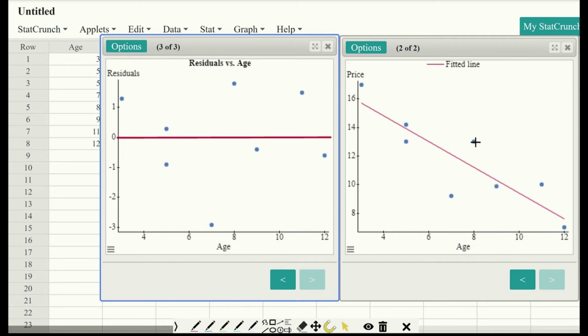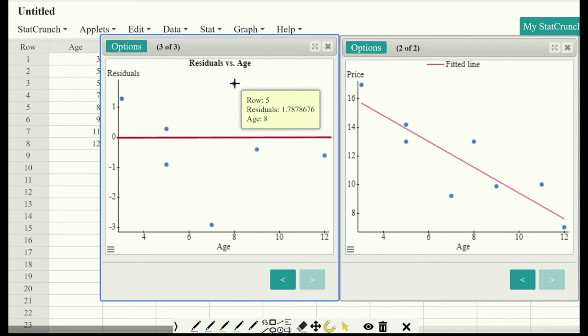Next, we move to an 8-year-old car, right? With an actual price higher than the model predicts. The model prediction is right there, right? And so therefore we expect a what? A positive residual. And that's what we have indeed right here, see? The residual is in fact shown as 1.78.